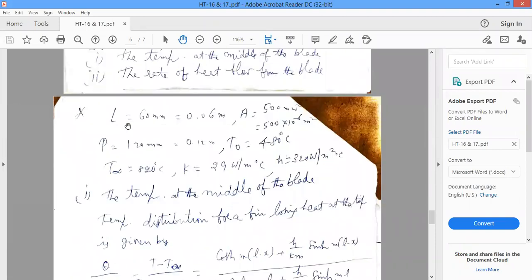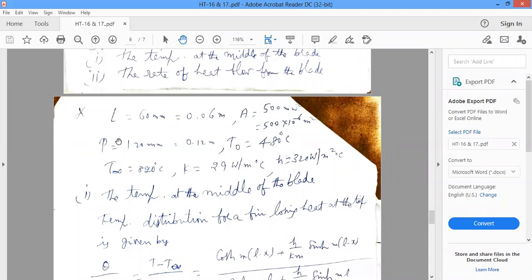So the length of the fin is given as 60 mm, 0.06 meters. Area 500 mm square, so you are supposed to convert it into meter square: 500 into 10 power minus 6 meter square. Perimeter 120 mm, that is equal to 0.12 meters. Temperature at the root or base T naught is 480 degrees centigrade.